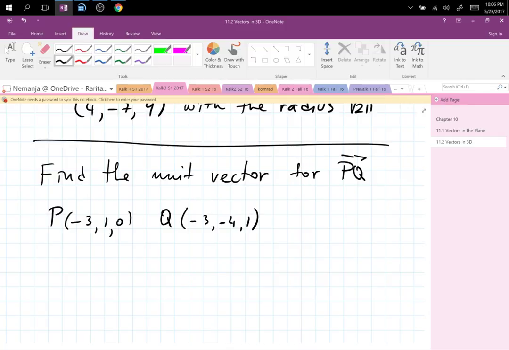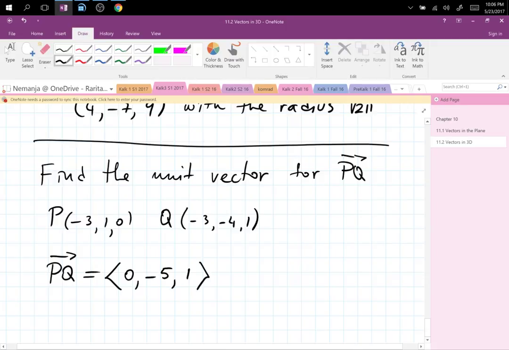So vector PQ. Is it Q minus P or P minus Q? Q minus P? Yeah, Q is the terminal. So it's minus 3 minus minus 3 is 0. Minus 4 minus 1 is negative 5. 1 minus 0 is 1.